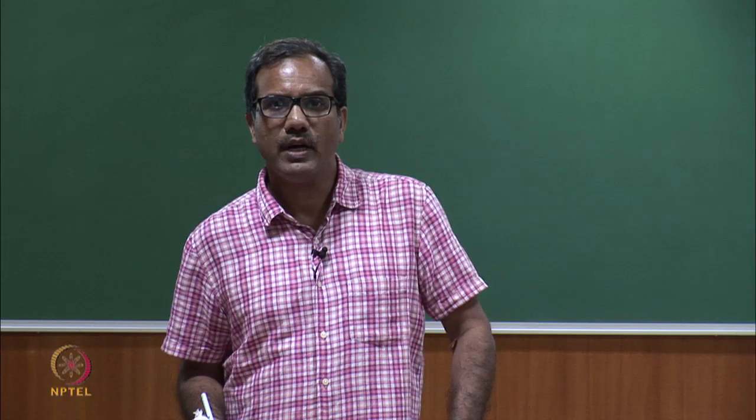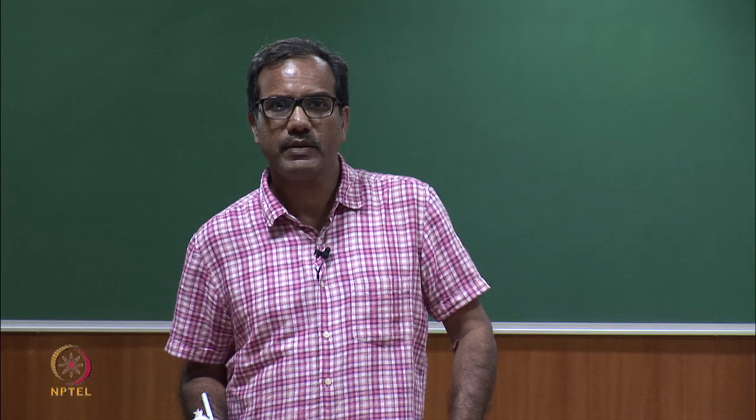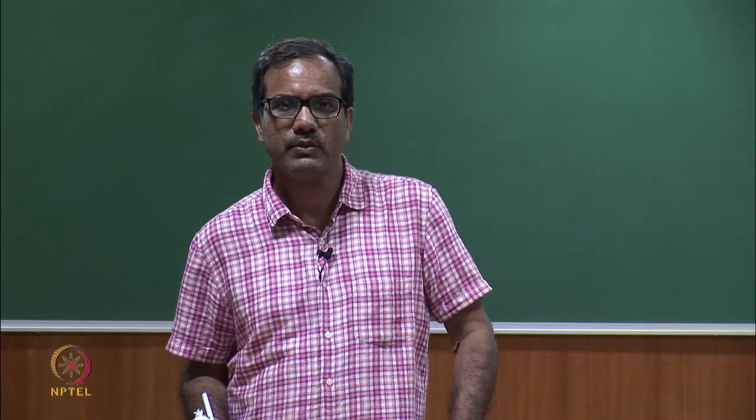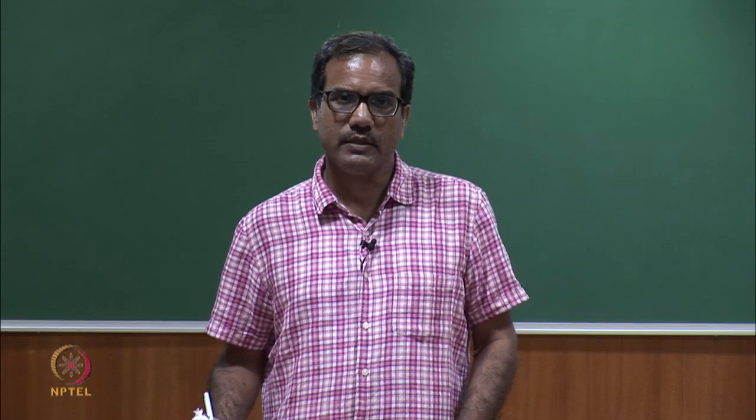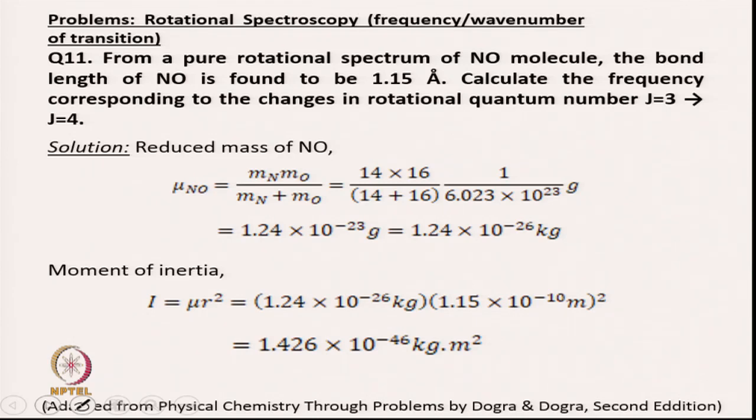In this question, you have to calculate the frequency or wave number of a transition from the rotational spectra. The question is: from a pure rotational spectrum of the NO molecule, the bond length of NO is found to be 1.15 angstrom. Calculate the frequency corresponding to the change in rotational quantum number J equal to 3 to J equal to 4.